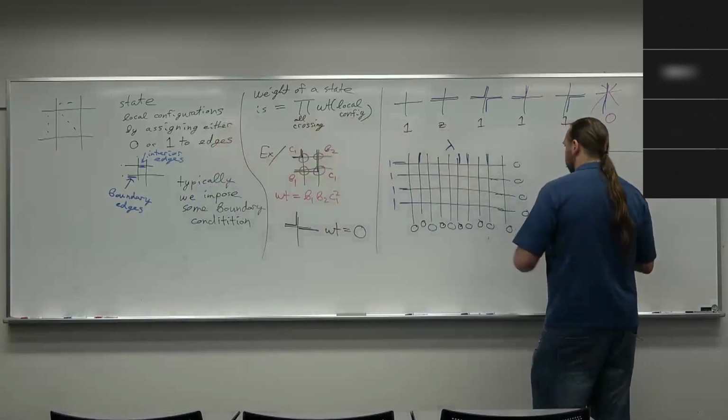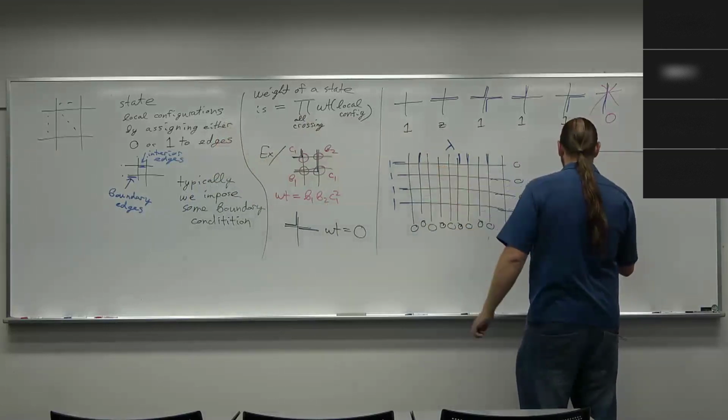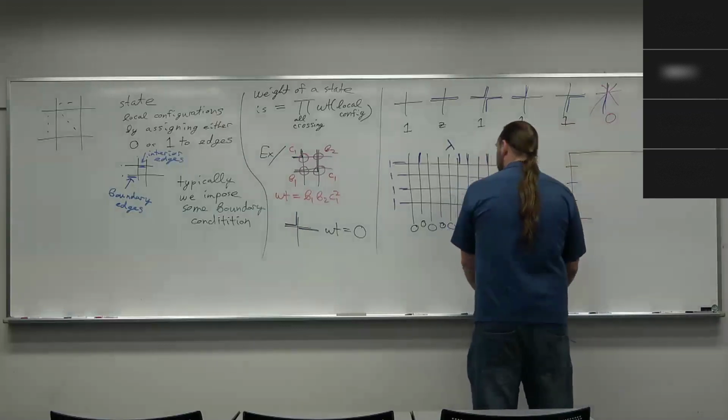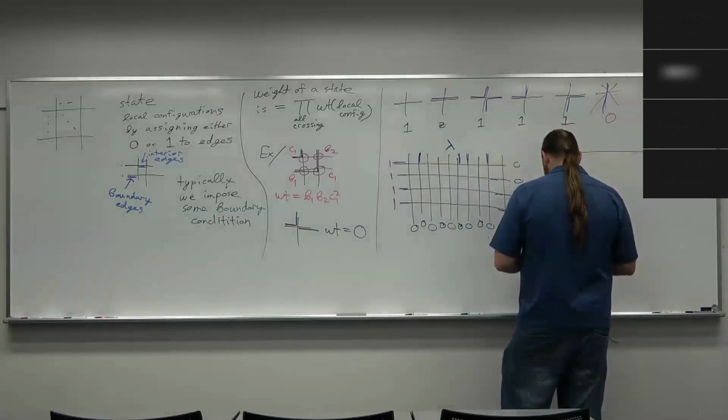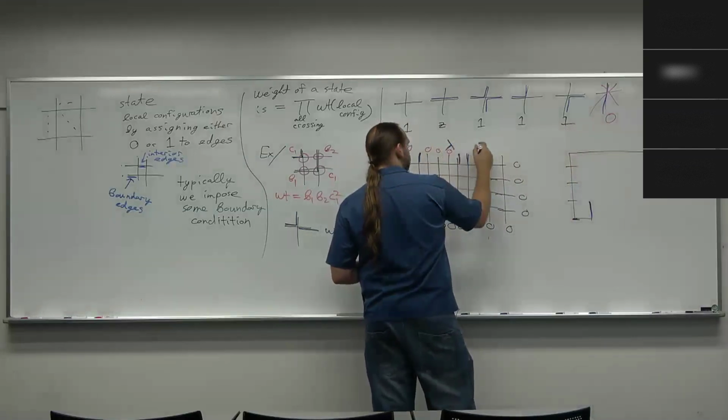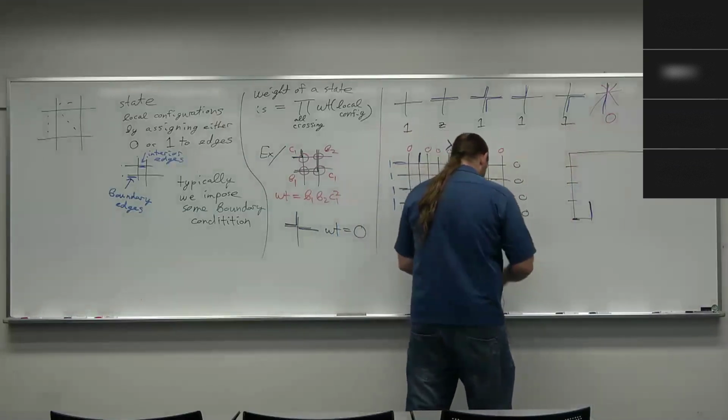So in this, the first thing I see is a hole, so I step right. Then I see a particle. I'll just label these 0 and 1.